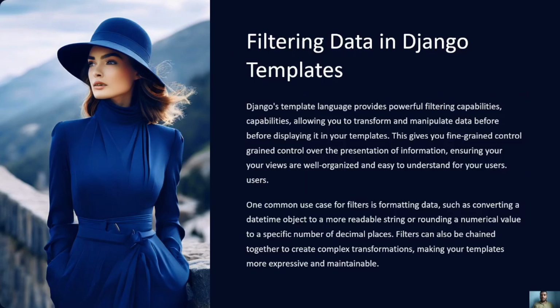Filtering data in Django templates. Django template language provides powerful filtering capabilities, allowing you to transform and manipulate data before displaying it in your templates. This gives you fine-grained control over the presentation of information, ensuring your views are well organized and easy to understand for your users.